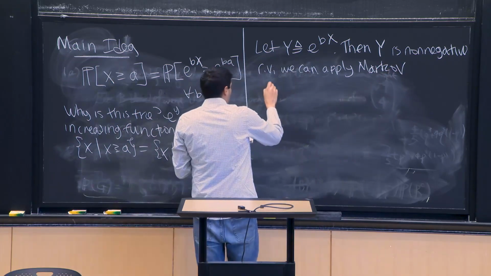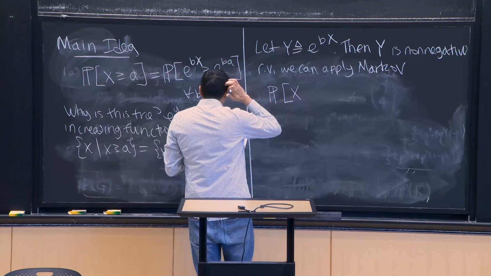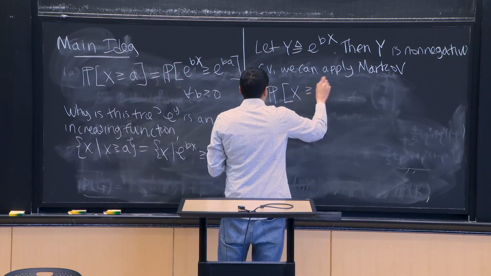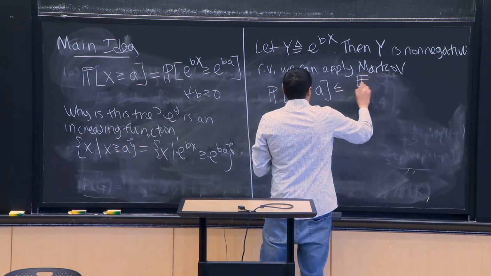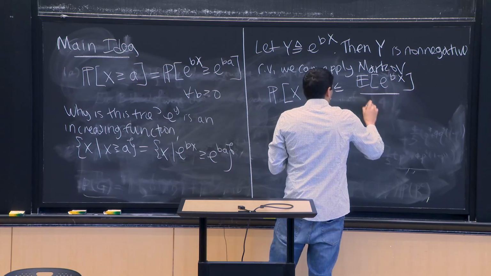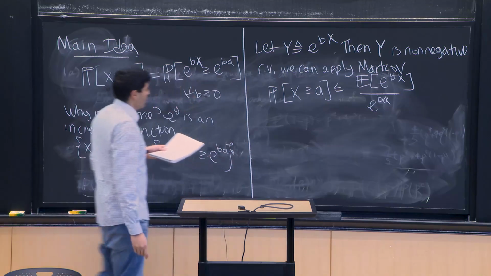So let's apply Markov and see what we get. The probability that x is at least a is at most the expectation of e to the bx over e to the ba. Okay?